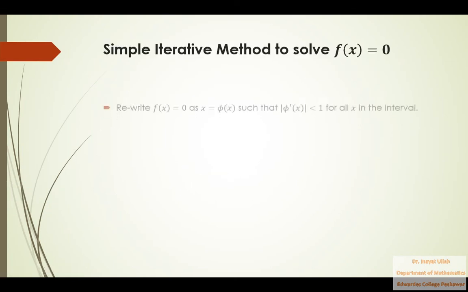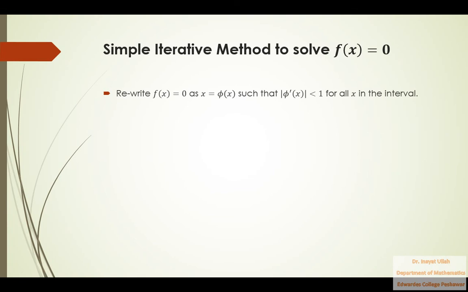That method will be used to find the solution of f of x equal to 0. And f of x in this case is not a linear function, because the solution of a linear function is very simple. This function will be a non-linear function, so f of x equal to 0.